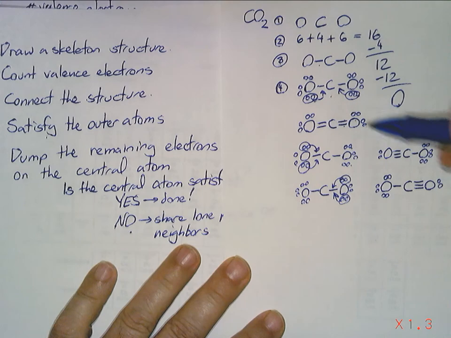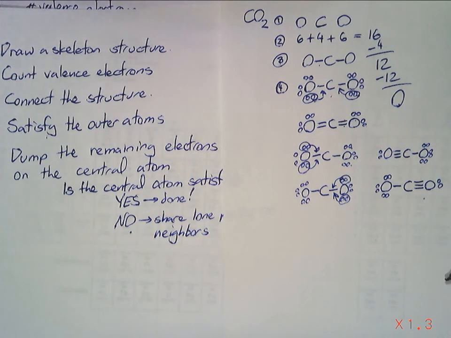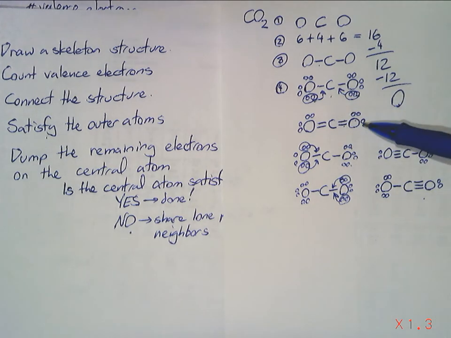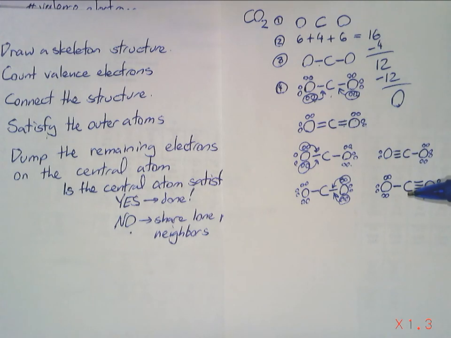Now there are 3 possible structures that I have right here. And my job next, in the next video, is to pick out which one is the best. When you have a choice about different ways to do it, what you're going to have to do, we're going to see, is do it all possible ways, and then use something called formal charges to pick out the best structure. And we'll see that in the next video.